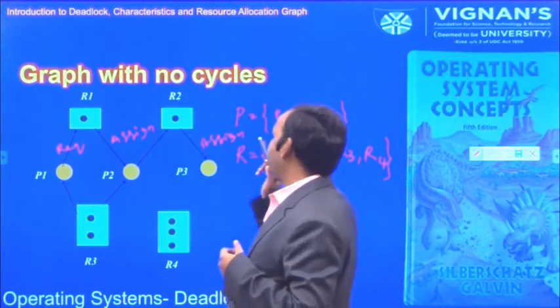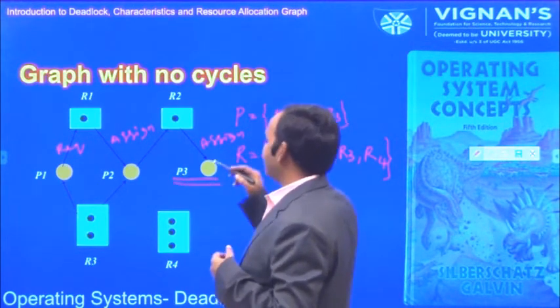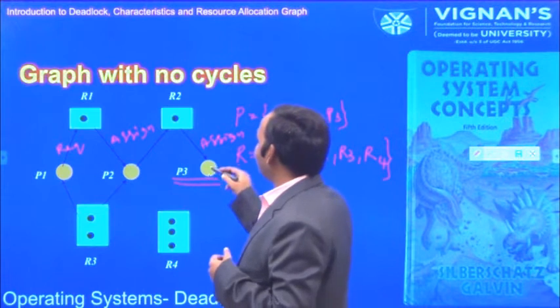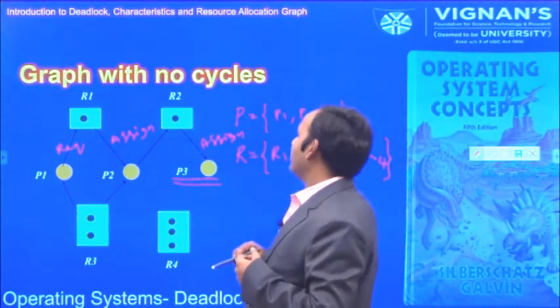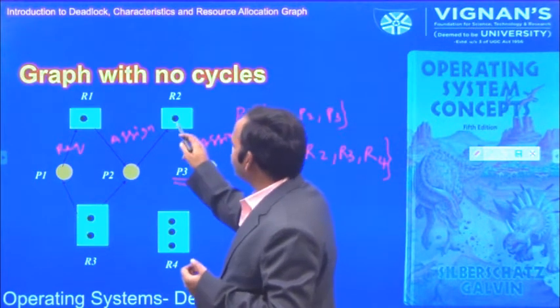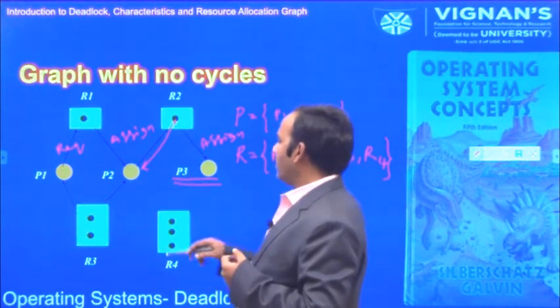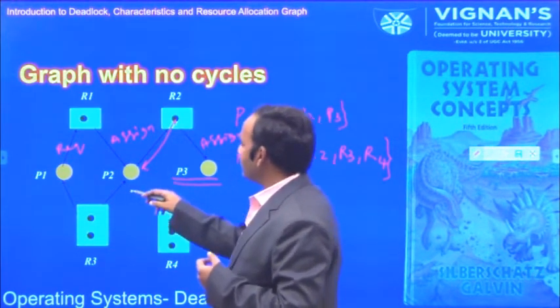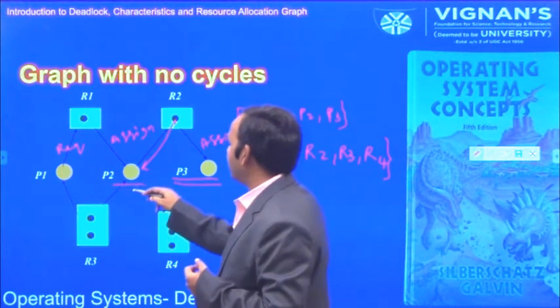R2 is already assigned to P3. First, P3 can complete its execution. Once P3 completes execution, R2 is free. Once R2 is free, one instance of R2 will be allocated to P2. Now P2's required resources are all available, so P2 can complete the execution.